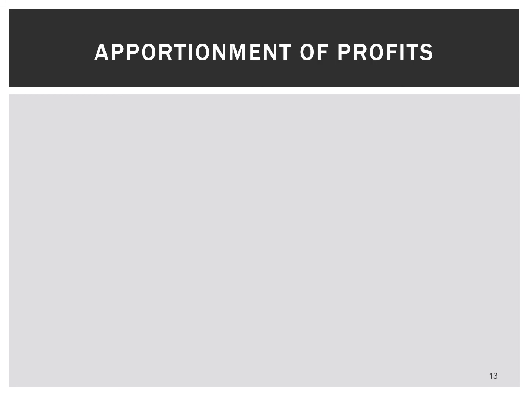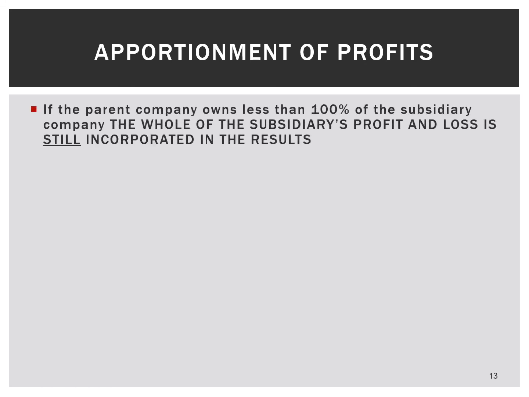Now here's one final important point. Remember that if we don't own the whole of the subsidiary company, if we only own 70% or 80% of the share capital, we still include the whole of that subsidiary company's profits in the group profit and loss account, even though we're not legally entitled to part of those profits.